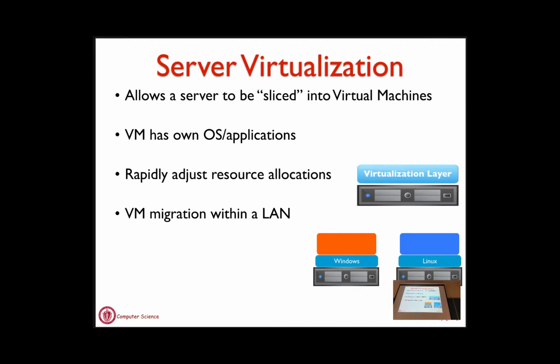Since it's a virtual machine, I can start a new virtual machine and add it to my cluster, and effectively to the application, it feels like I've just added extra machines. Versus if I'm running on rigid computers, I will have a system administrator run with a USB stick to install things or install it over the network. And you do VM migrations within a LAN, so you can move a virtual machine from one place to another.